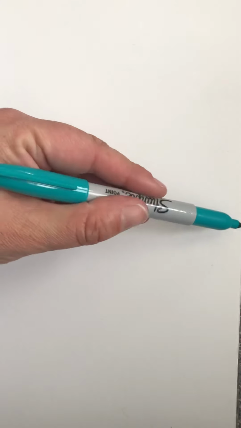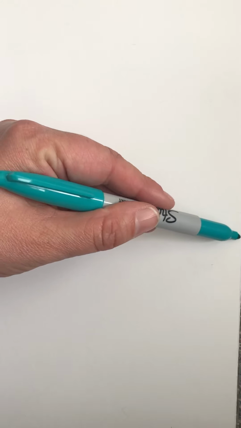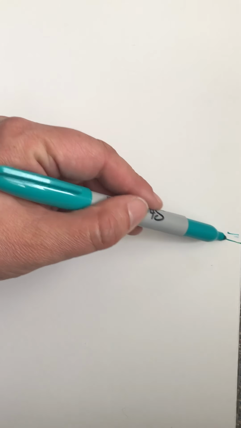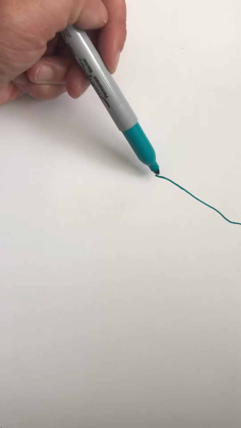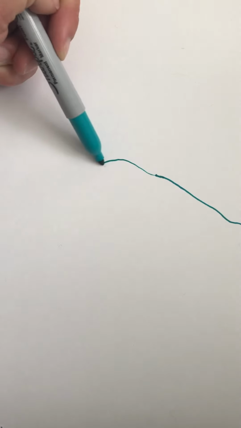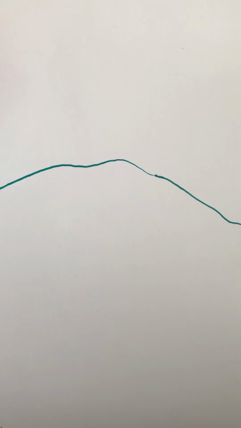I'm going to start by drawing over here the grassy land. It's going to go up and over and down, okay?